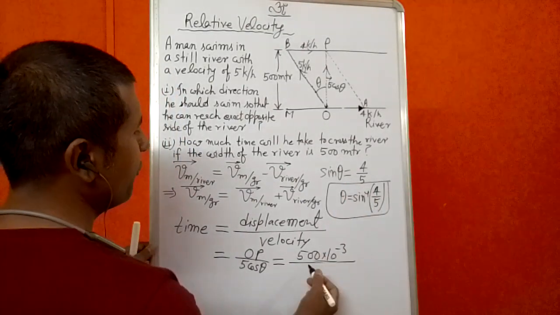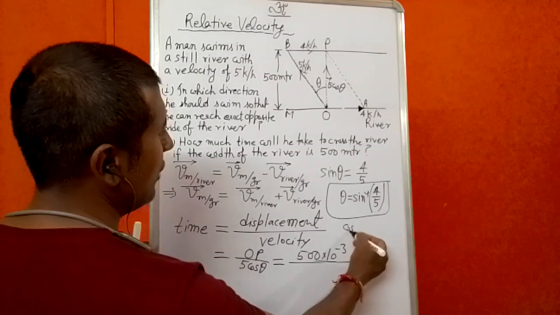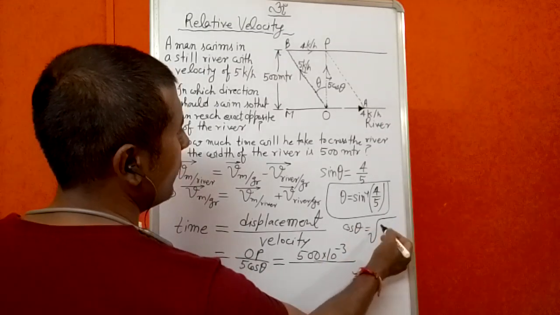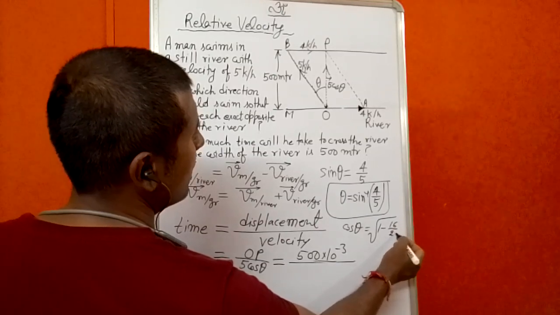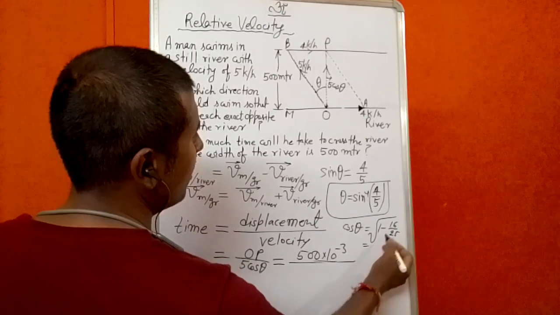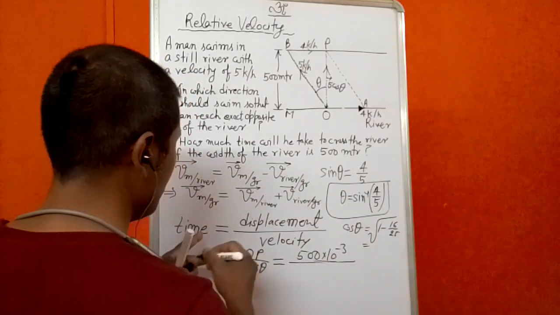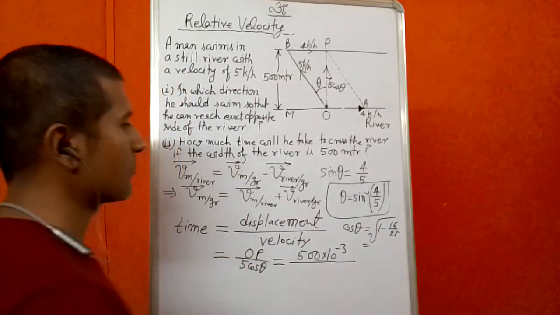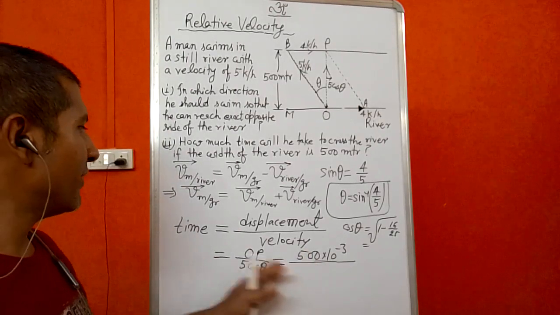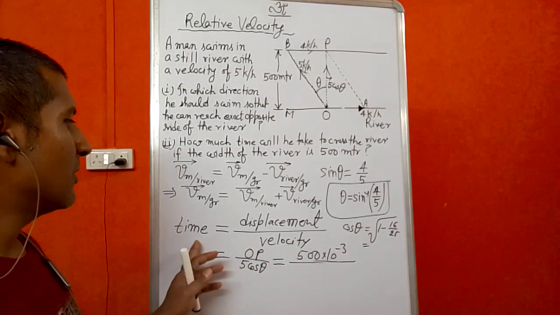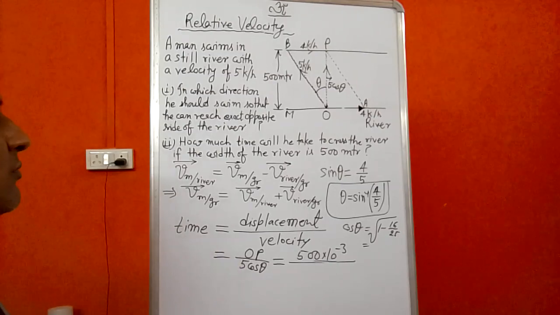Sin theta we know is 4 by 5, so the value of cos theta will be square root of 1 minus 16 by 25. So in this way we can find the time.